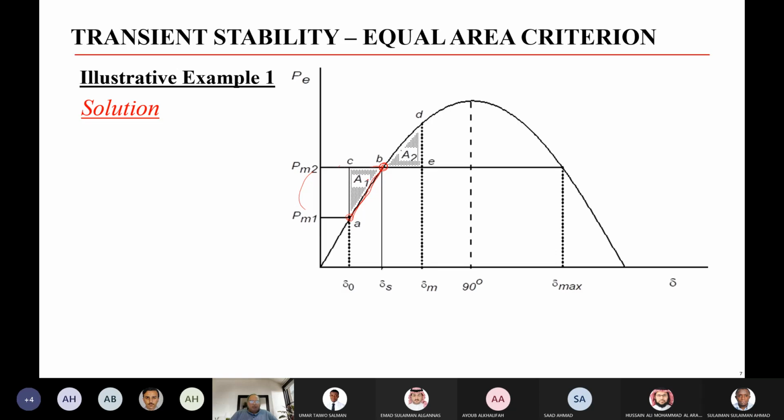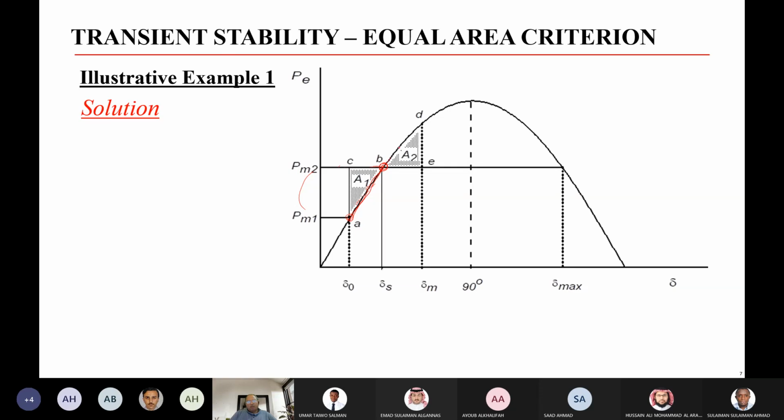So we have acceleration, and definitely the angle will start increasing, and the speed also will start increasing. Due to the inertia, the system will not stop here, it will continue.